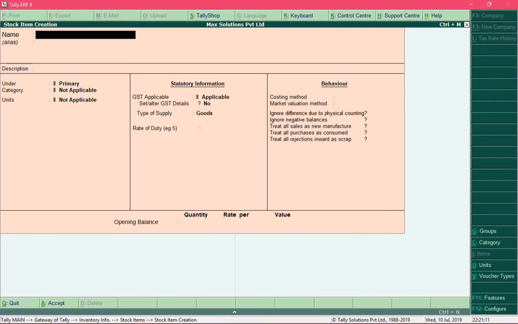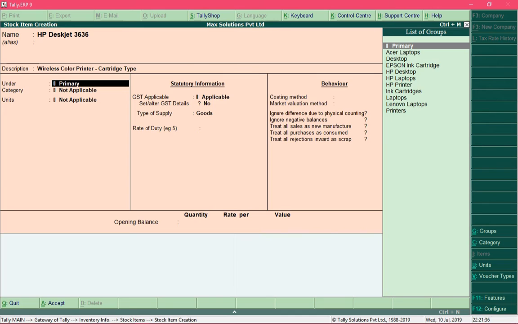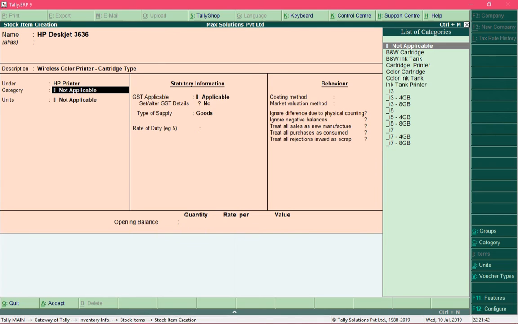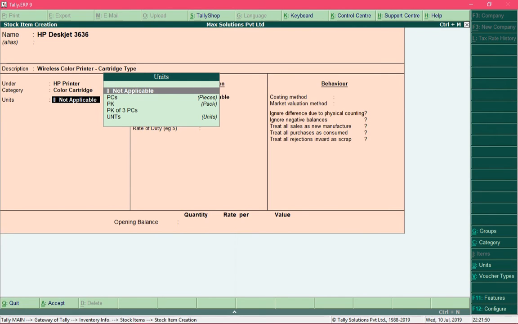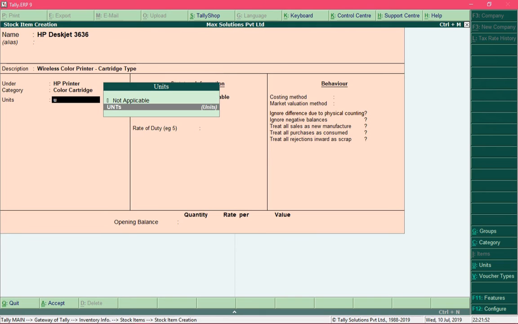Now let me create a stock item for a printer. It is of HP brand, and its group would be HP printer, and its category would be color cartridge printer, and I'm going to sell it in units.